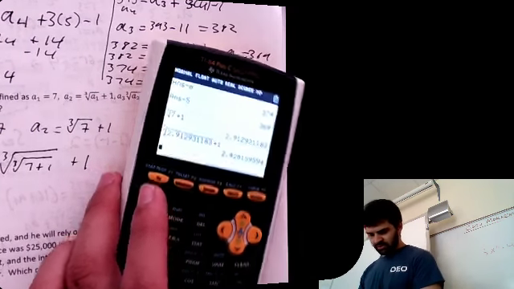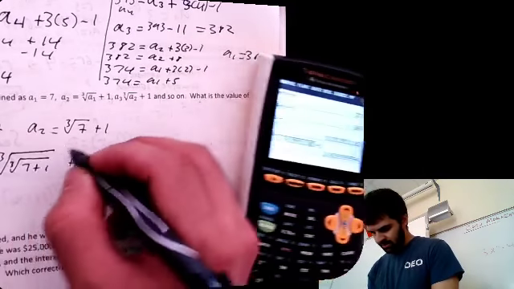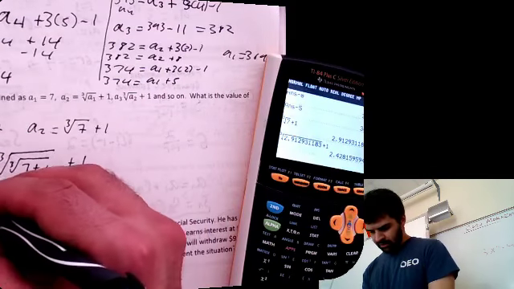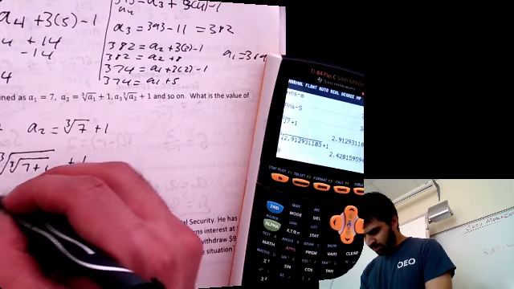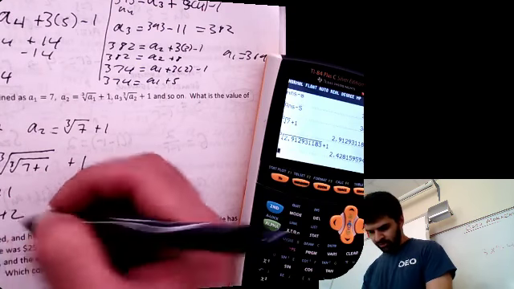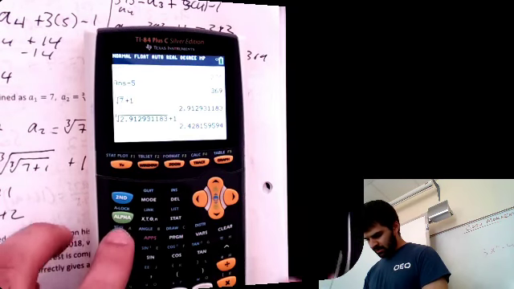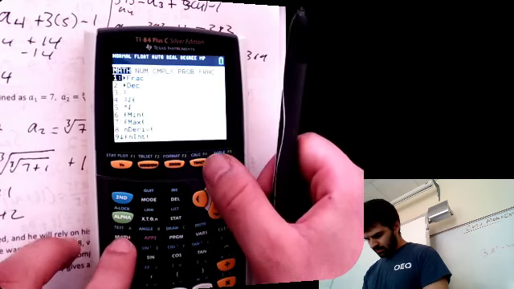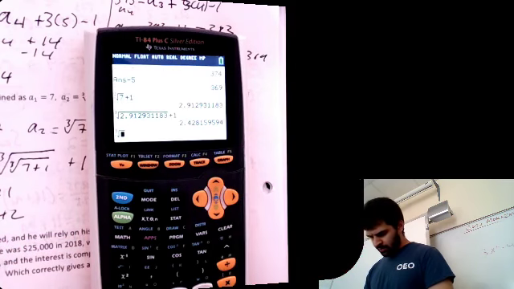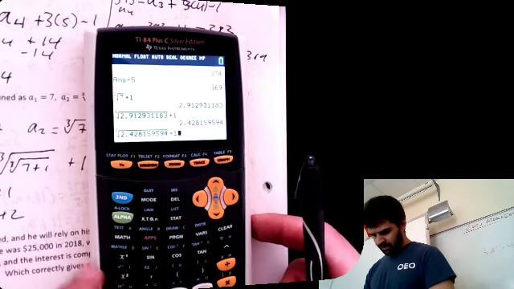So we'll keep track of our terms. A1 is 7, A2 is equal to 2.91, A3 is equal to 2.42, A4 is going to be the cube root of this value plus 1.